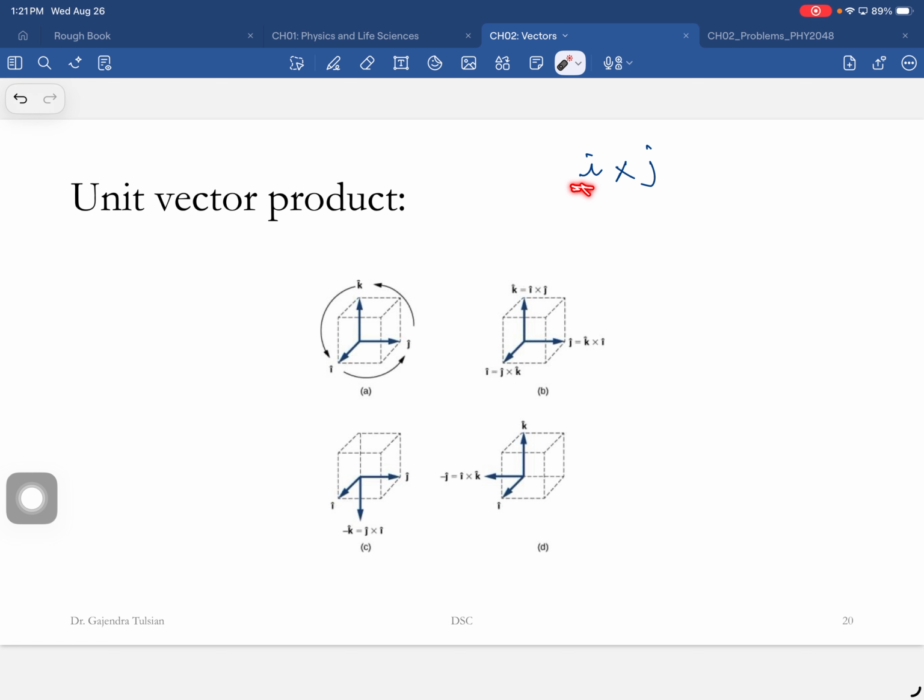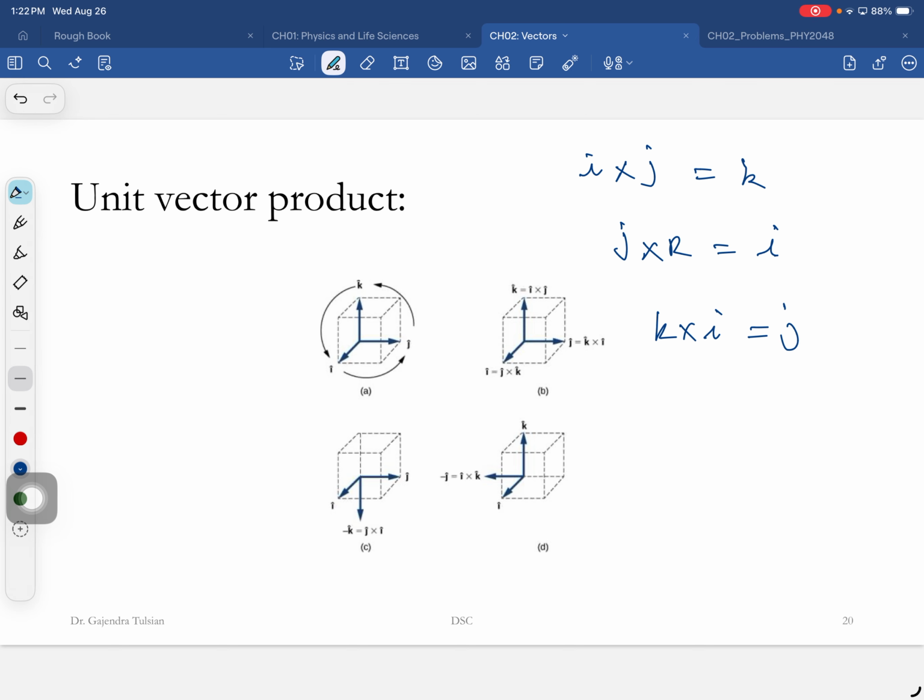What is I? X. It's a vector. It's a unit vector pointing in there. What is J? A unit vector. So you can define I cross J. These are special cross products, and we want to remember this. I cross J is K, J cross K is I, K cross I is J. These are special unit vectors, special cross products that you want to remember.